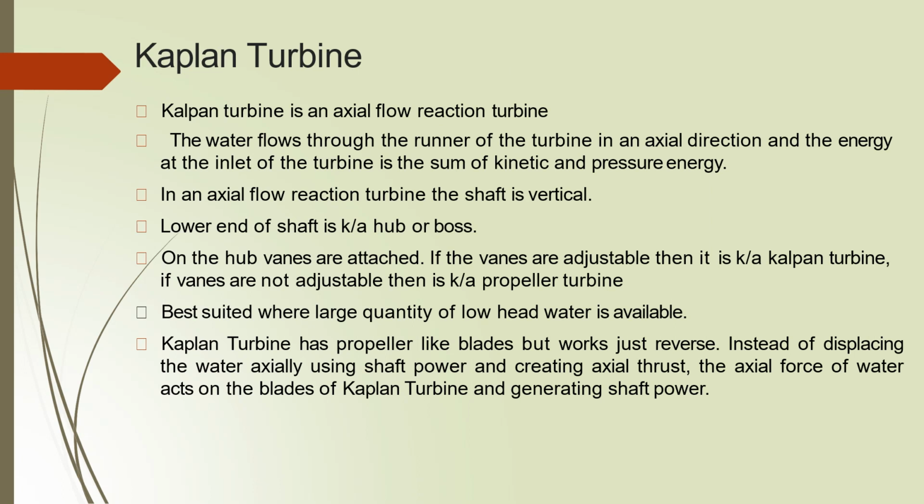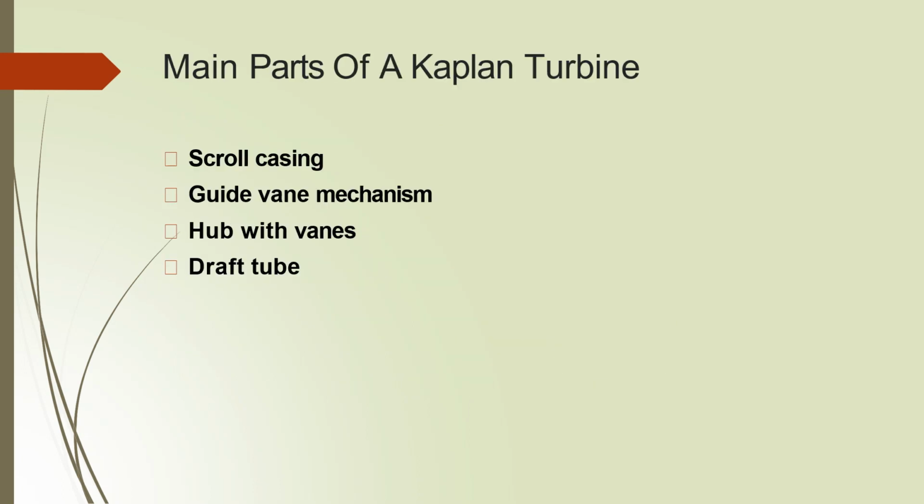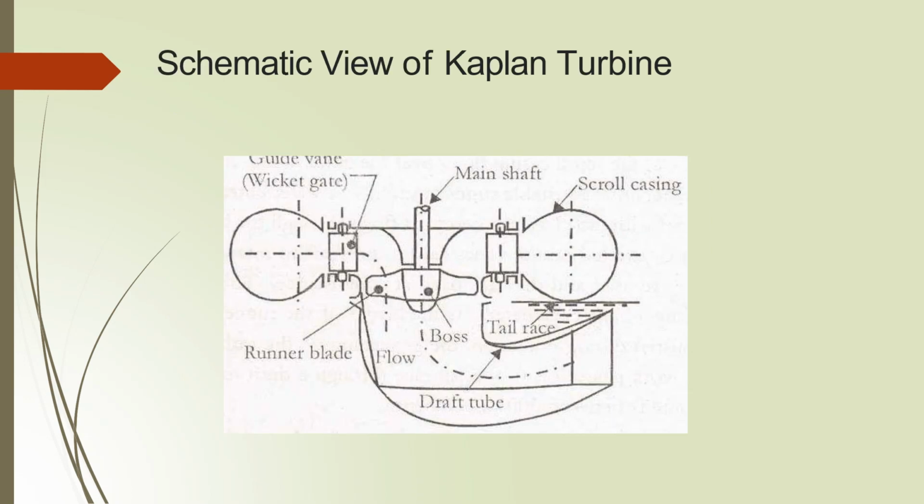Instead of displacing the water axially using shaft power and creating axial thrust, the axial force of water acts on the blades of the Kaplan turbine, generating the shaft power. The main parts of a Kaplan turbine are the scroll casing, guide vane mechanism, hub with vanes, and draft tube.